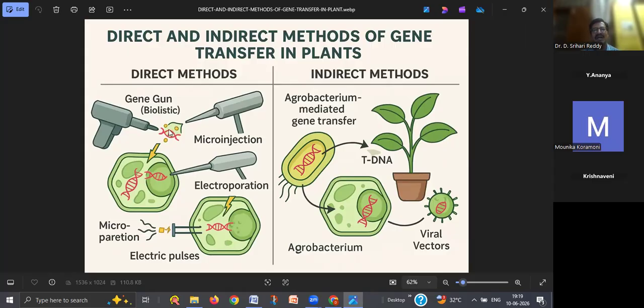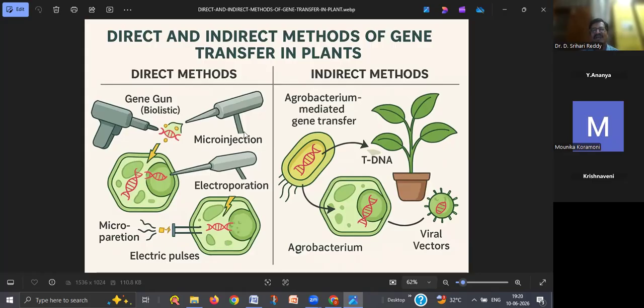Small particles are kept in the DNA solution, and those particles are shot into the plant or the callus of that plant in tissue culture experiments. So along with these particles, the DNA is inserted into the tissue by using this gene gun or particle gun. So this is one of the methods.